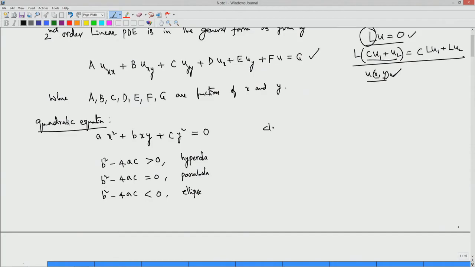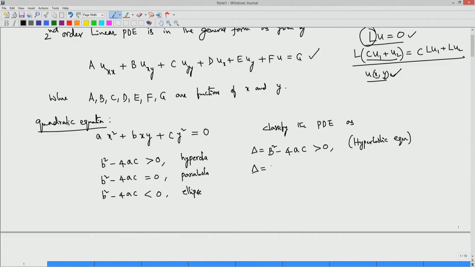So, we will classify the equation. Classify the PDE along similar lines: b squared minus 4ac is the discriminant, we call this delta. If delta is positive, the equation is then a hyperbolic equation.